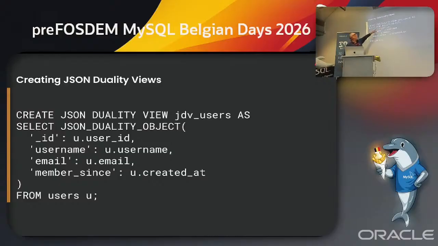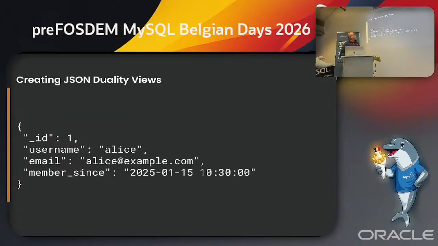You can't call this function from your code. This function is only available inside of our Duality view. And what does this view return? It returns JSON objects. So we have an ID, a username, email, and member size. There's some data missing here, but it doesn't matter.